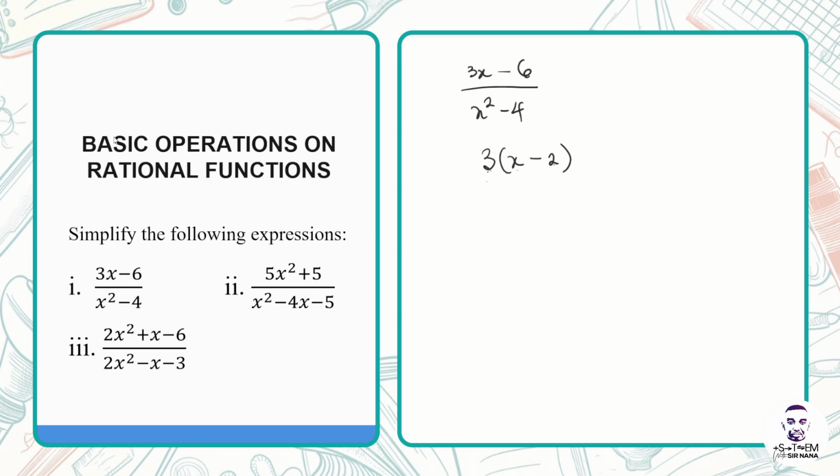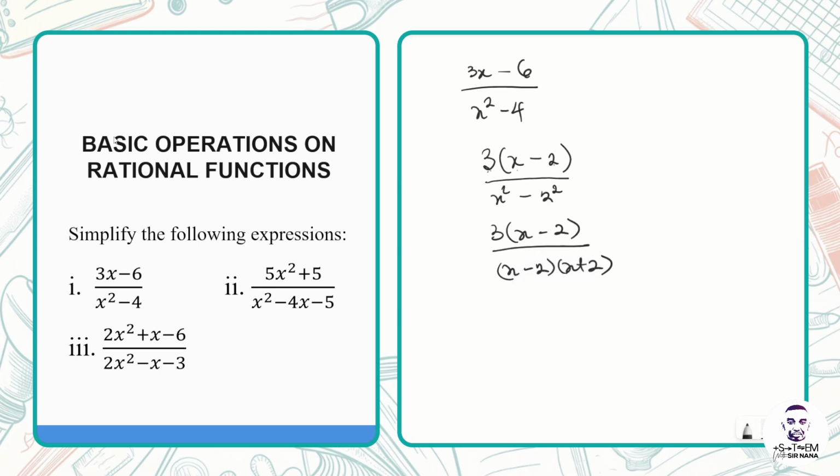Now, the denominator part, we can write it as the difference of two squares. So we can write it as x squared minus 2 squared, right? And then we can write it as 3 times x minus 2, all over x minus 2 times x plus 2, the difference of two squares.